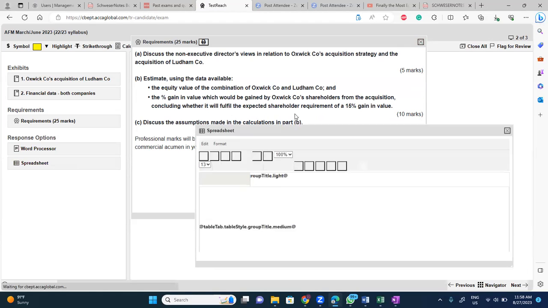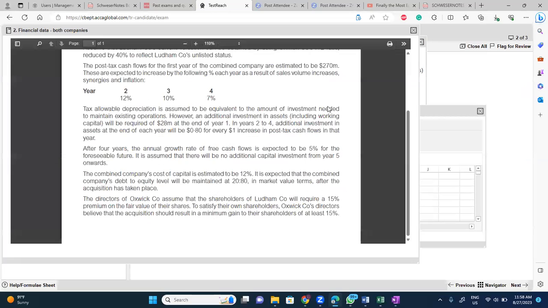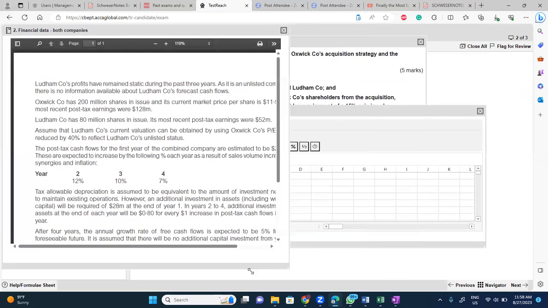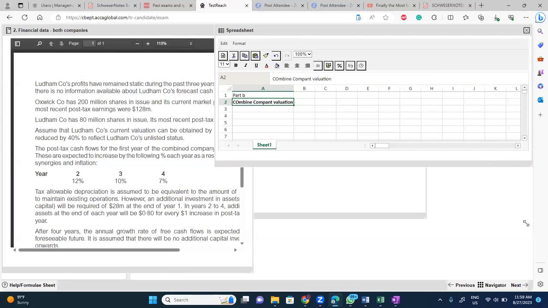Part B, combined company valuation. Okay.